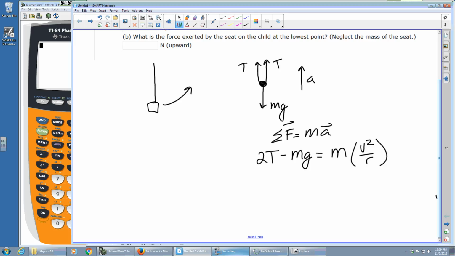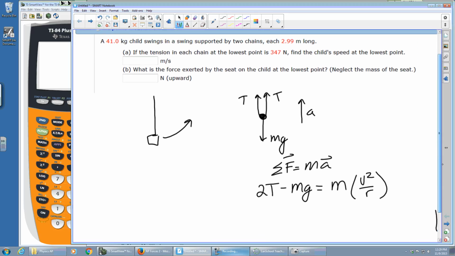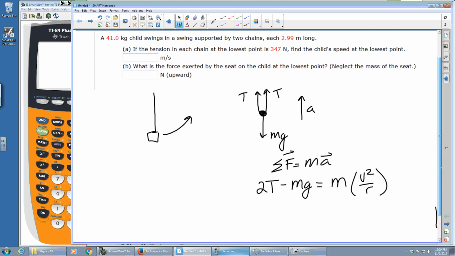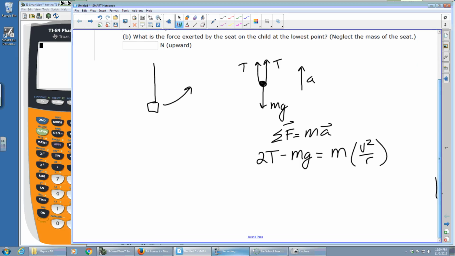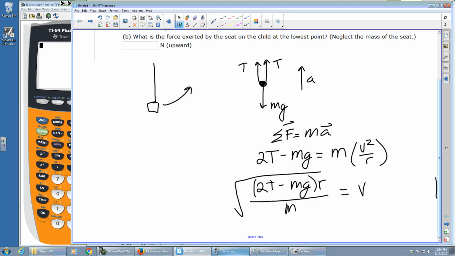So now just substituting in, we're looking for v. I'm going to have the square root of (2T minus mg) all times r over m equals v.